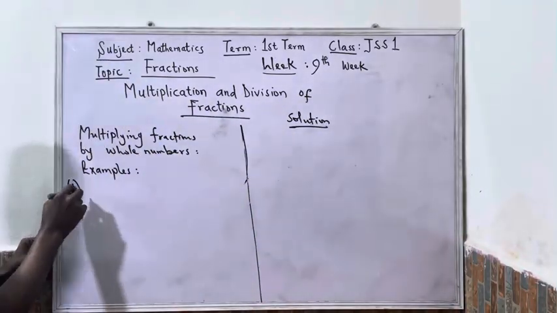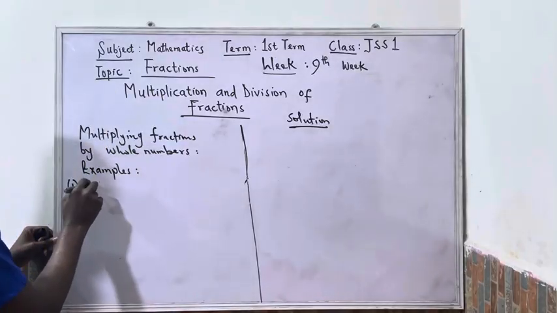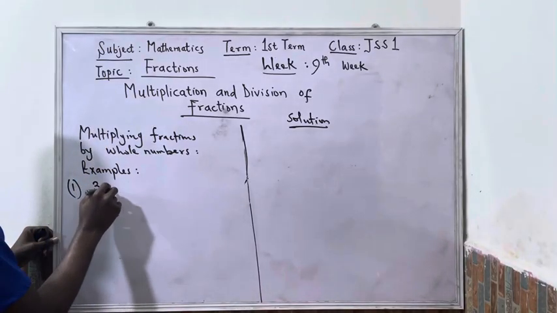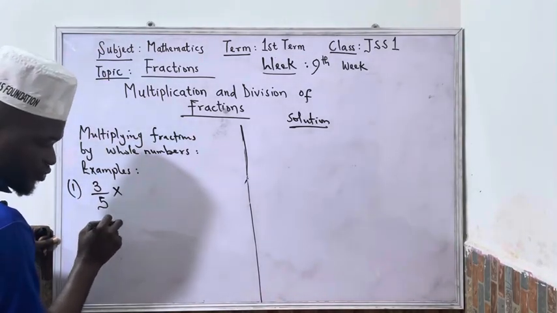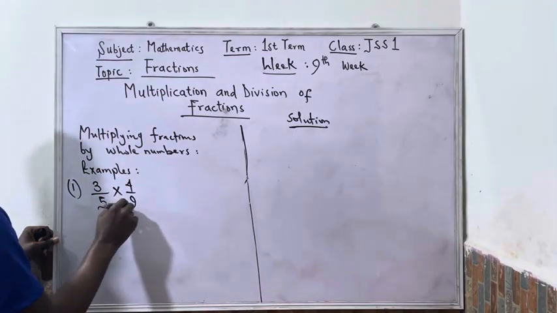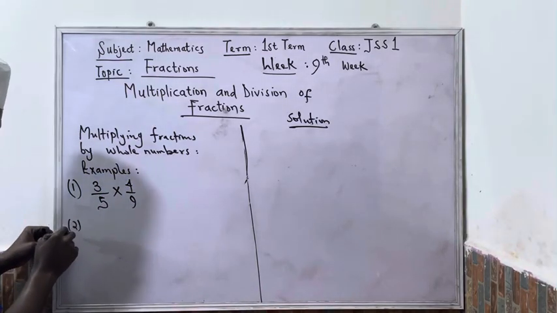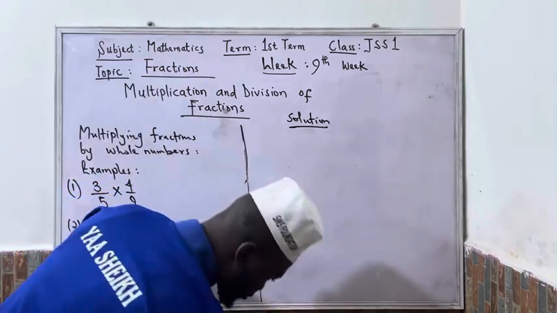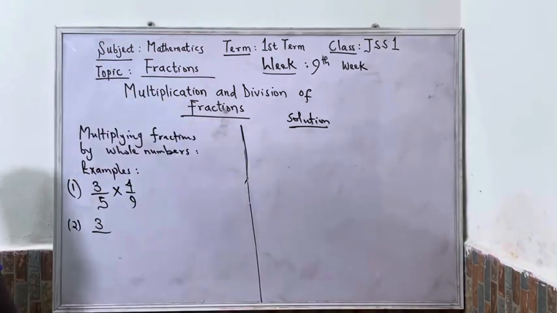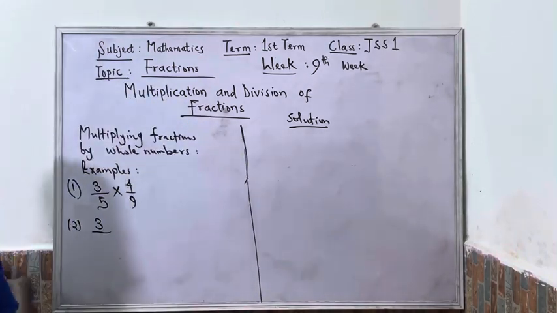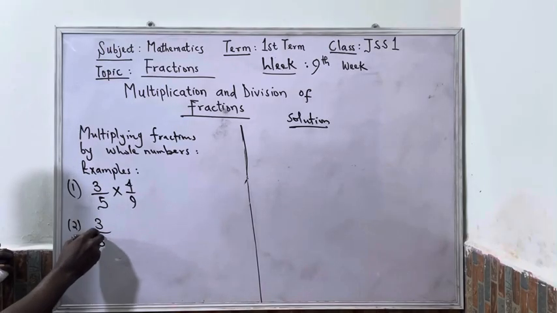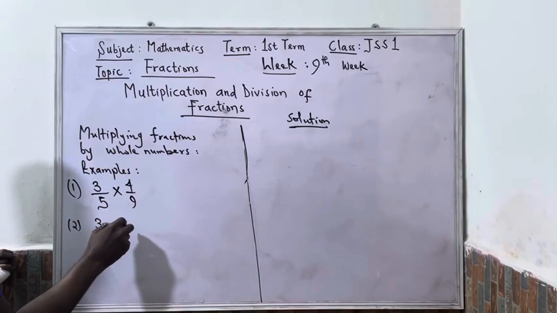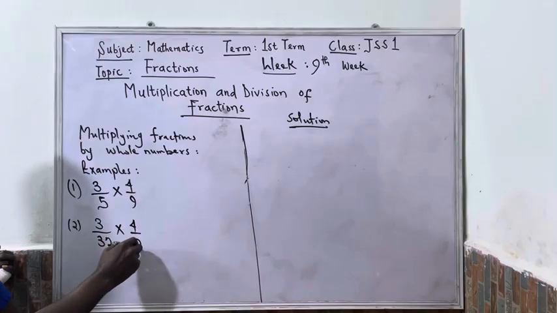Number 1 says 3 over 5 times 4 over 9. Let's add number 2 as 3 over 32 times 4 over 7.